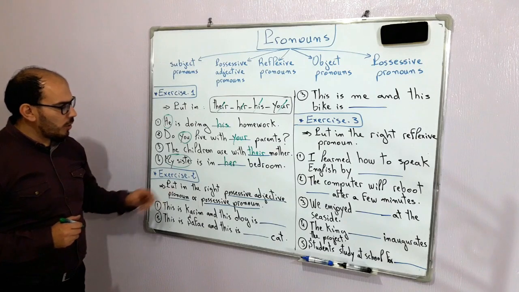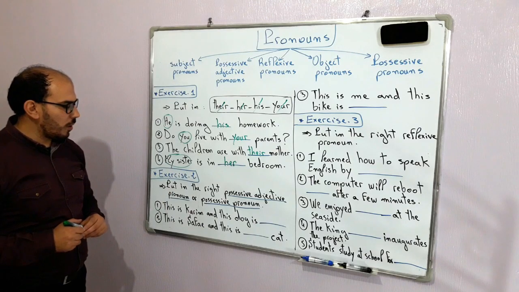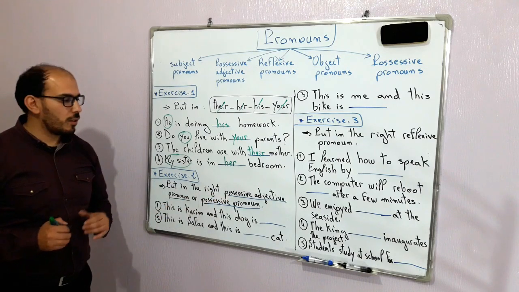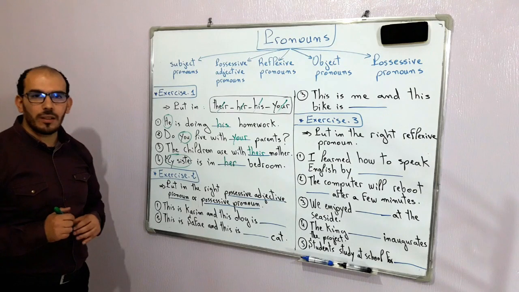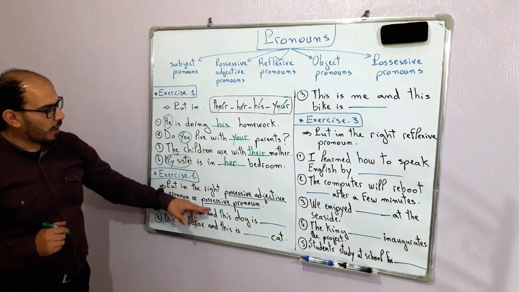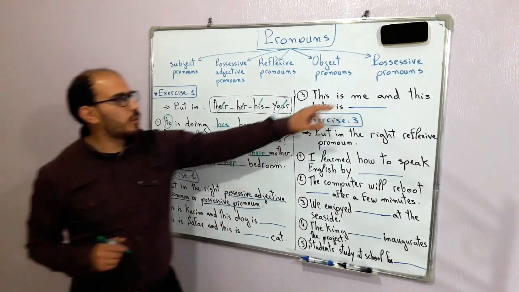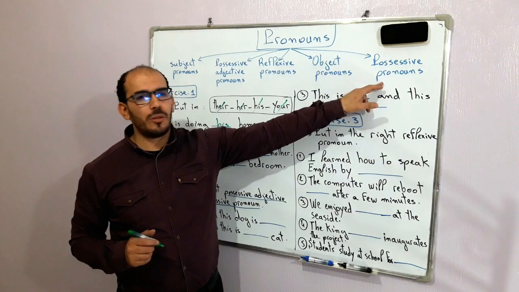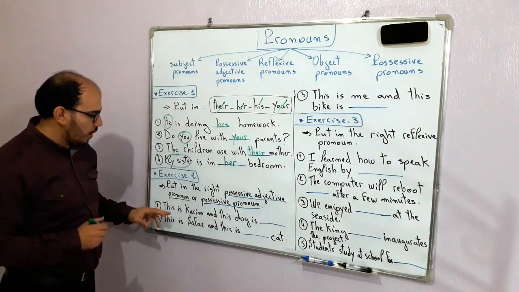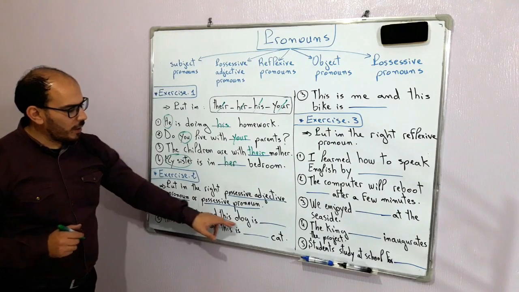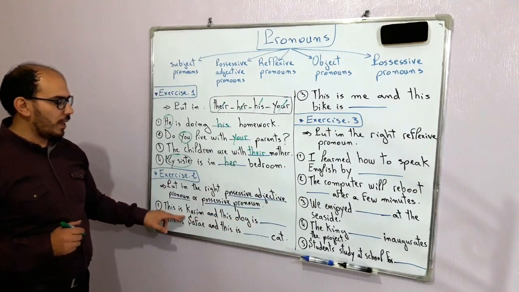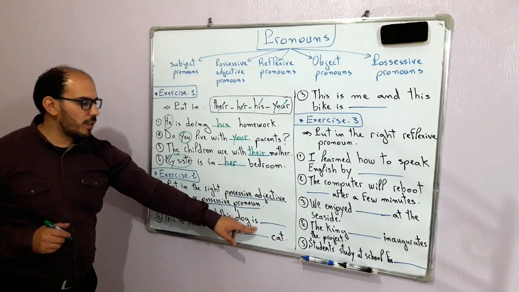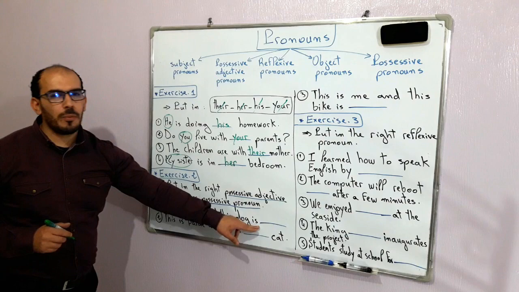For the next, put in the right possessive adjective pronoun or possessive pronoun. We know that the possessive adjectives are my, your, his, her, its, our, your, their, and the possessive pronouns are mine, yours, his, its, ours, yours, and theirs. This is Karim, and this dog is. Should I put the possessive adjective or the possessive pronoun?